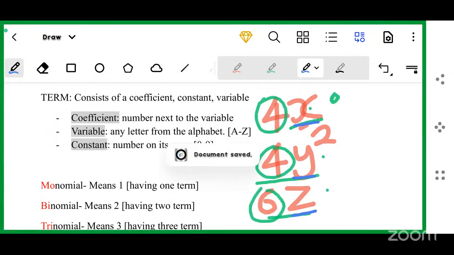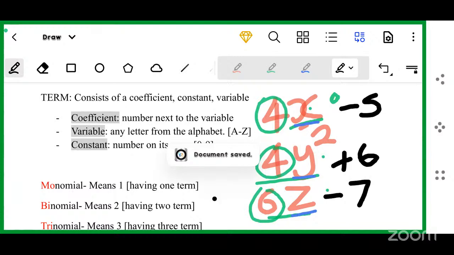We also have what we call a constant. Let me introduce a constant to you. Let's say we have 4x minus 5, 4y to the power of 2 plus 6, 6z minus 7.